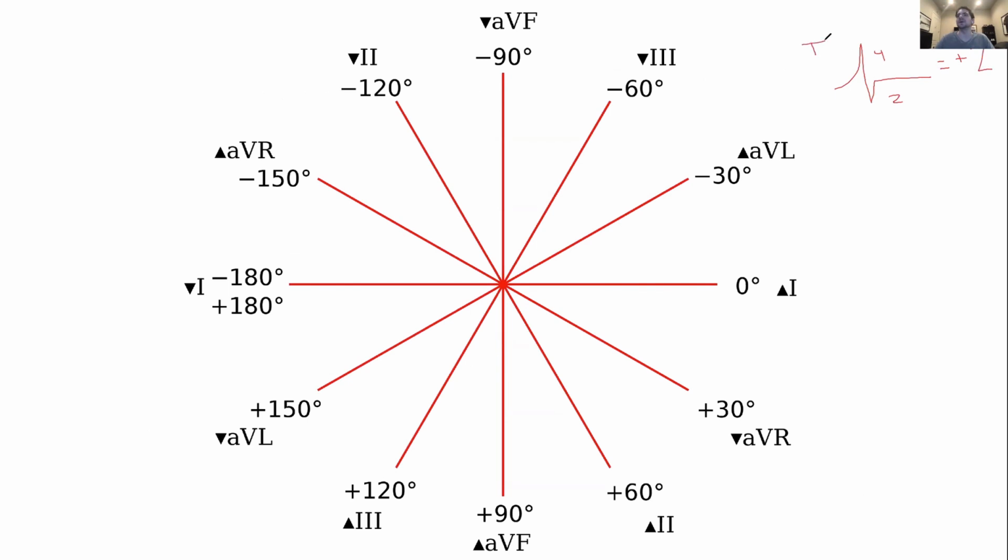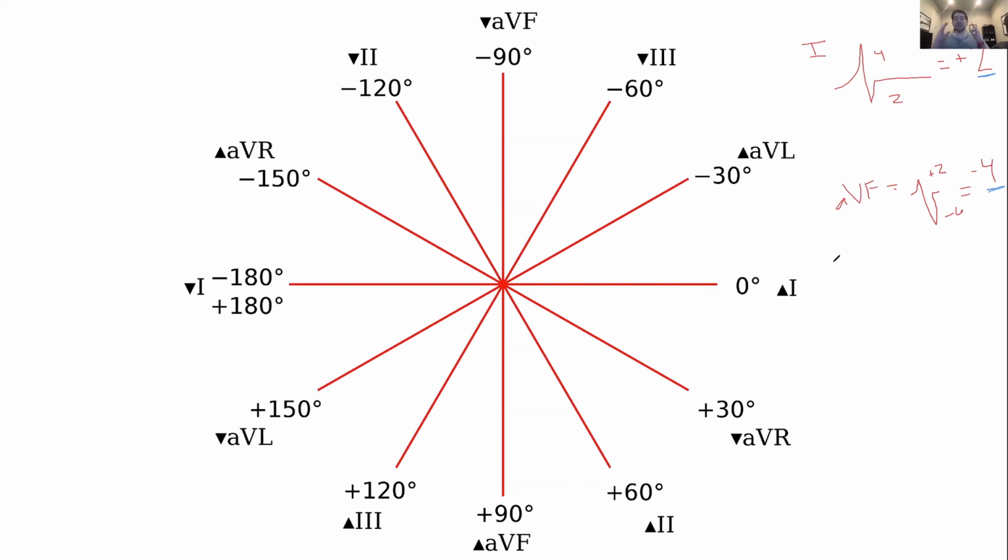And let's say AVF equals 2 up and 6 down. We calculate this out to be +2 up, -6 down, which equals a -4. So there we go, we have a +2 in lead 1 and a -4 in AVF.